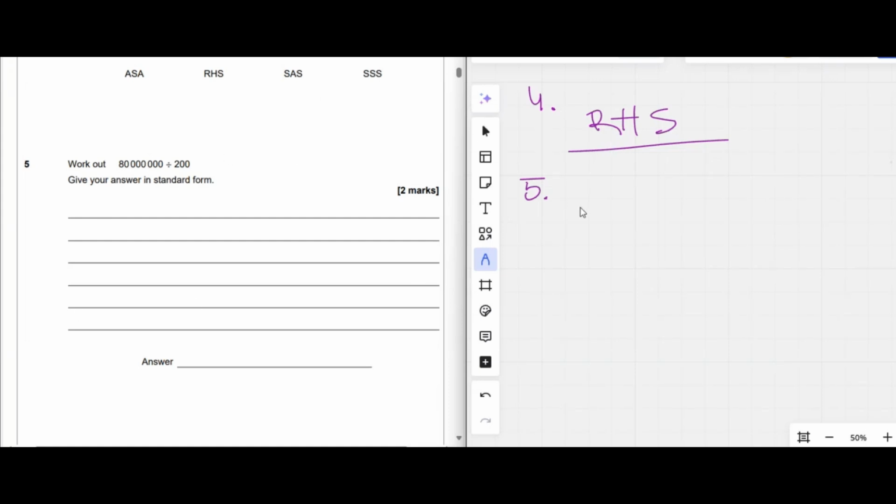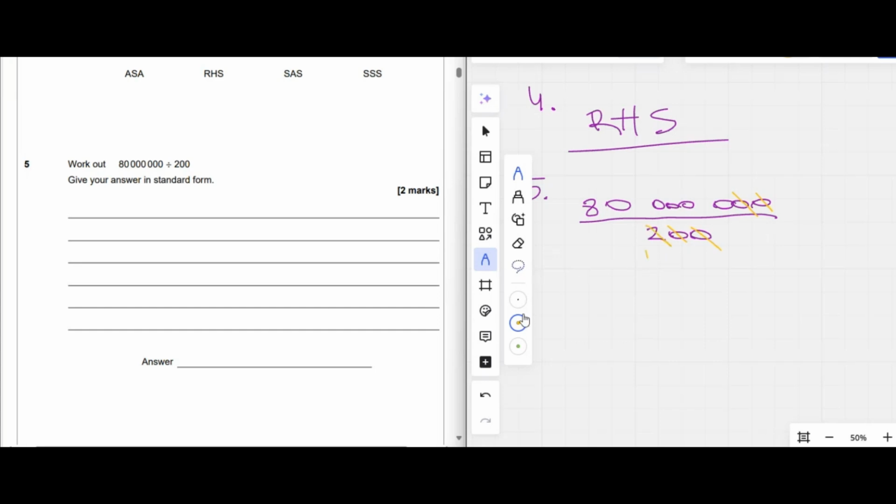Work out 80 million divided by 200. Okay, we can cancel 2 zeros at the bottom and 2 zeros at the top, so divide both by 100. And then we can divide all of that by 2.